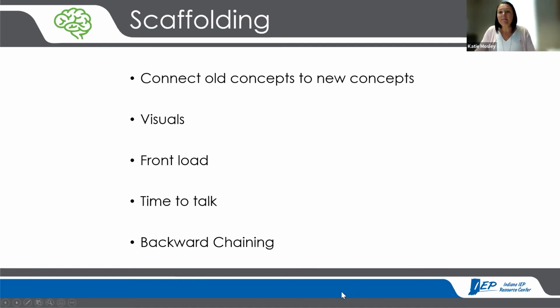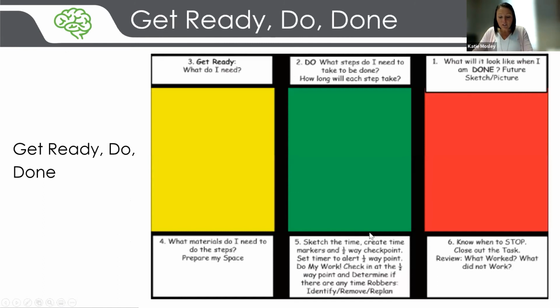Backward chaining is very important, and we're going to look at a few examples. So these examples on the next few slides are from Sarah Ward, and she talks a lot about time and how we need to help our students visualize time. Speaking of time, okay, we're at 19 minutes to go.